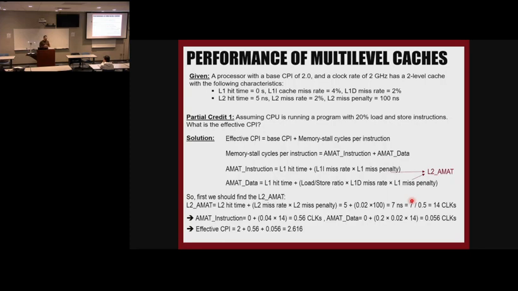If you had multiple layers, I'm designing another question right now. This is 2 layers, I give you 3 layers, right? So for this, you have to find L2 AMAT. But to find the L2 AMAT, you have to find the L3 AMAT. So because we keep using every layer, we bring them into the calculation anyways. So those stalls are brought to the calculation through L2 AMAT. Okay, any questions?